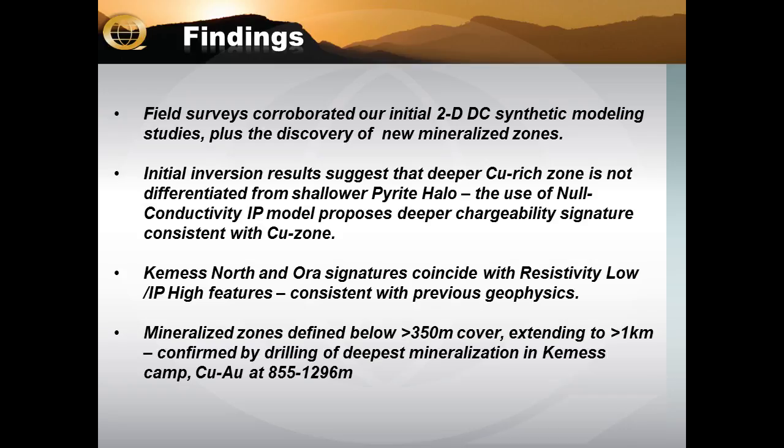The inversion results suggest the deeper copper-rich zone is not differentiated from the shallower pyrite halo, and the ChemS North and the Aura signatures are consistent with the previous geophysics, which is great to see. And the mineralized zones are defined below about 350 meters of cover, and extending down to over a kilometer.